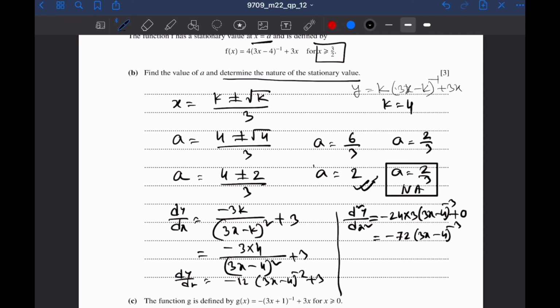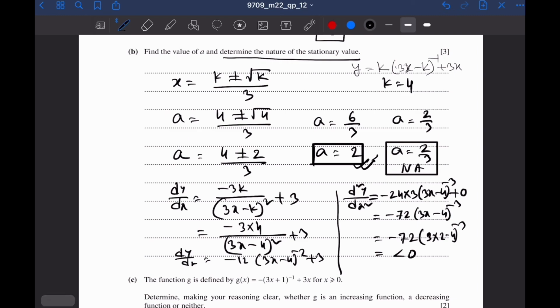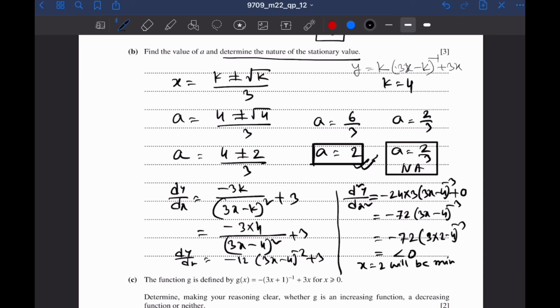Now, x is 2, so it will be 3 times 2 minus 4 to the power minus 3, so it will be less than 0. So the value x equals 2 will be a minimum. If we see the basic concept, d2y by dx square greater than 0 is minimum, and d2y by dx square less than 0 is maximum. Okay.